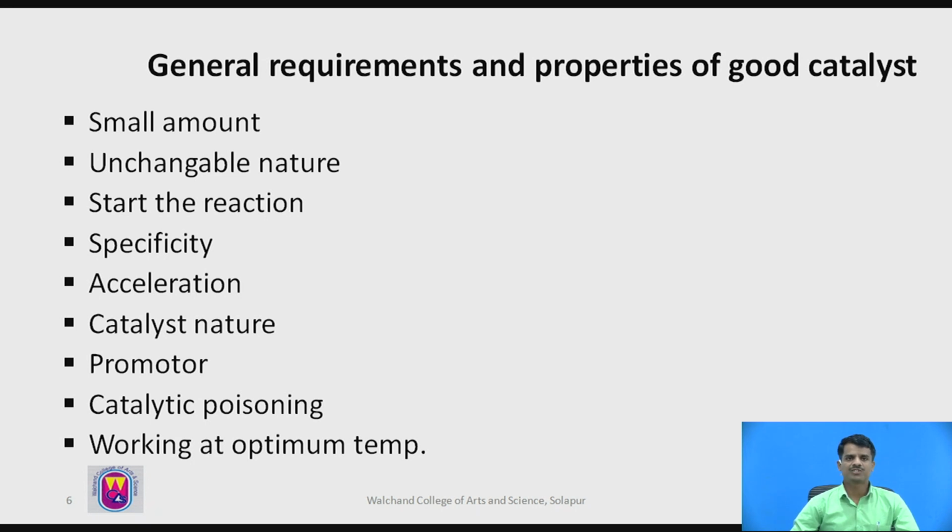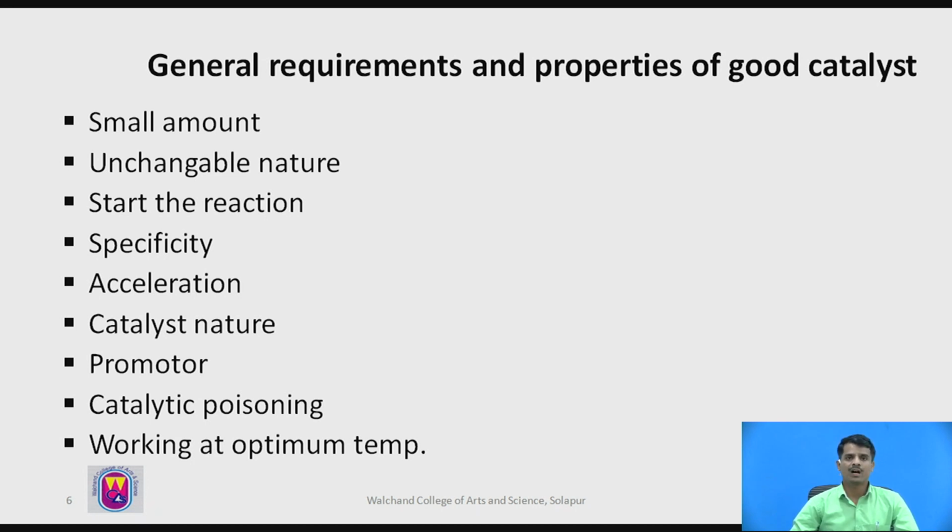The answers to these questions are very simple. The first one: how should the catalyst surface be? As I told, the action of the catalyst is highly specific and the activity of the catalyst depends upon the catalyst surface. It means a surface having some defects, crevices, grain boundaries, and pores provides more active centers.